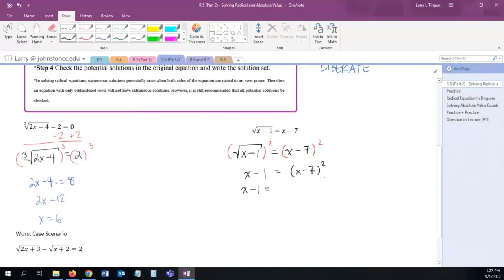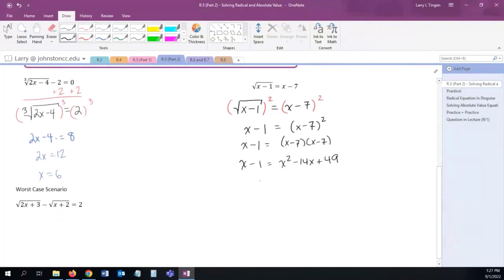When I square both sides, the right-hand side is x minus 7 squared. Please remember, that's x minus 7 times x minus 7, which is x squared minus 7x minus 7x, which is minus 14x, and then plus 49. Solve this. Well, this is a quadratic.